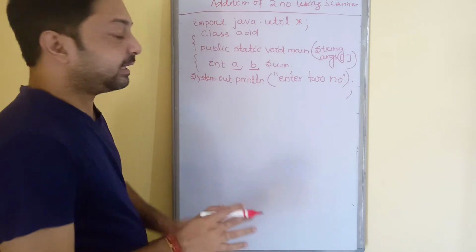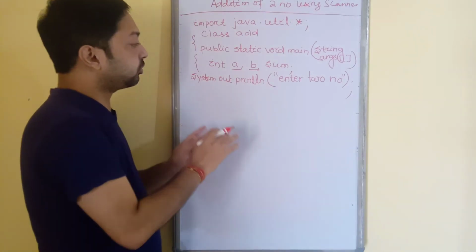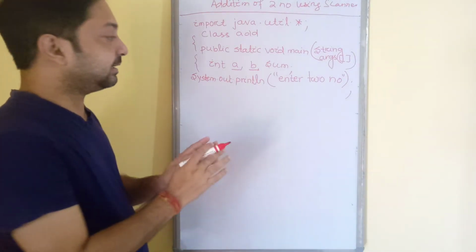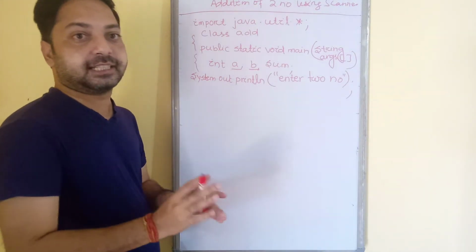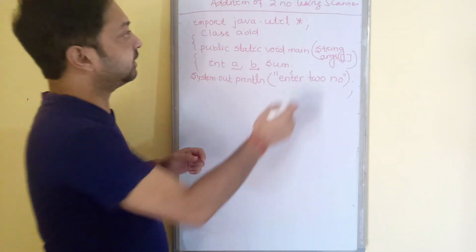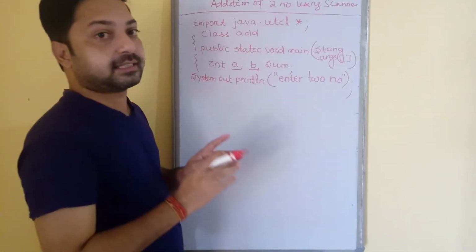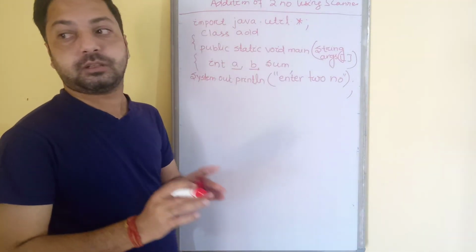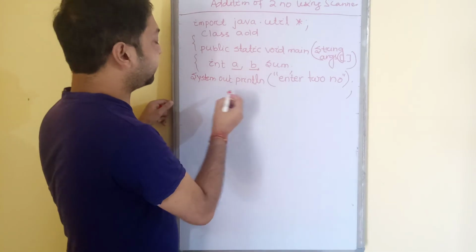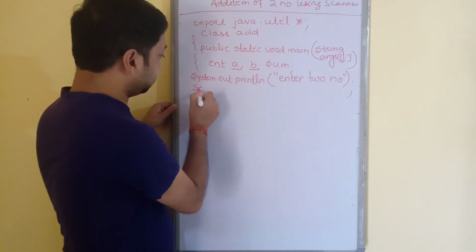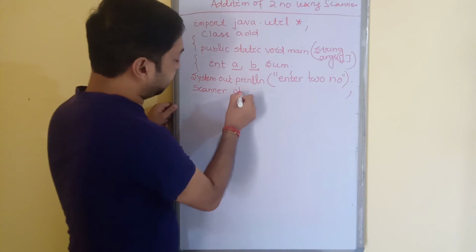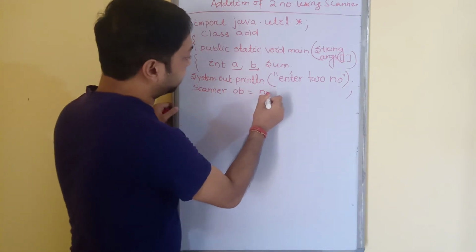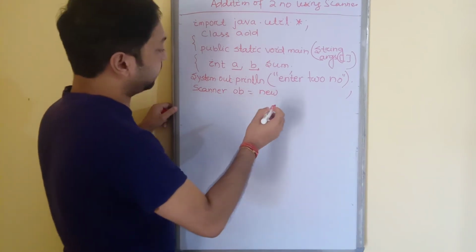In C programming we input those two variables through scanf. In Java also we do the same thing, but before that we need to create the object of the Scanner class, because we are using the Scanner class, which is used to input data through the keyboard. Let us first create the object: Scanner is the class, ob is the object, equal to new, the operator we use to allocate memory.